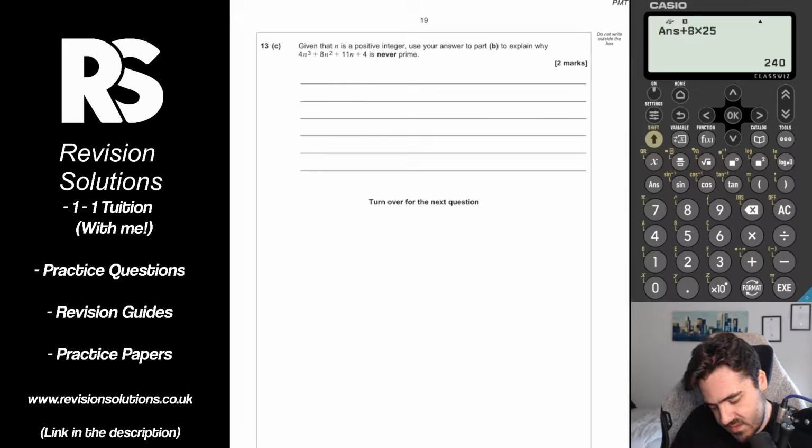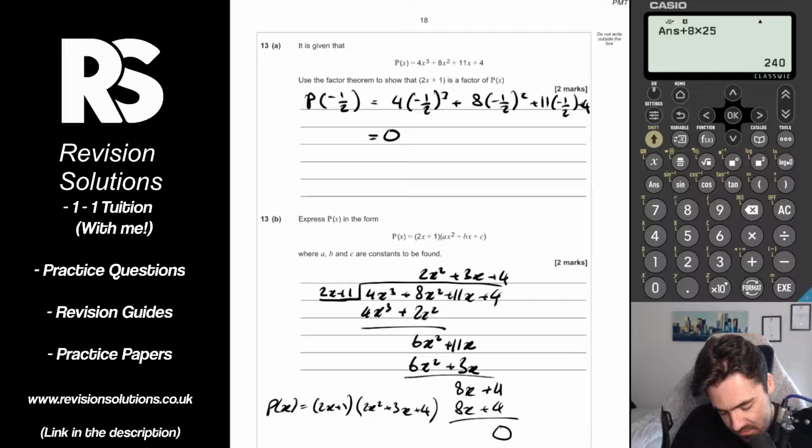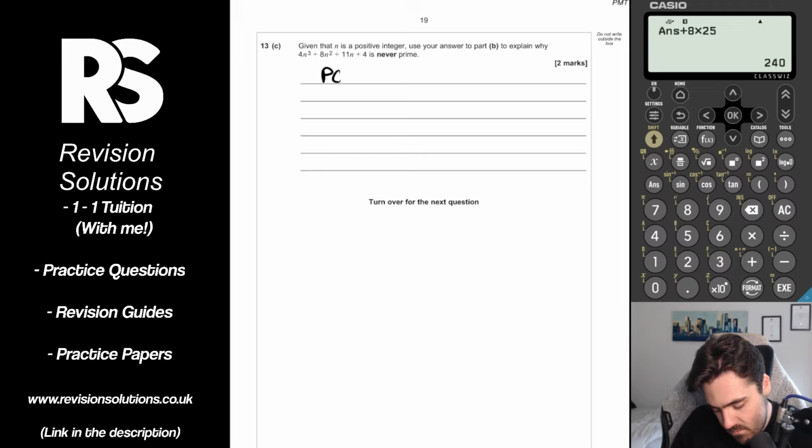Then in part C it says, given that n is a positive integer, use your answer to part B to explain why 4n cubed plus 8n squared plus 11n plus 4 is never prime. Well, prime means the only factors of it could be itself and 1. And conveniently, we've got it in a factorized form. So let's write it out again.